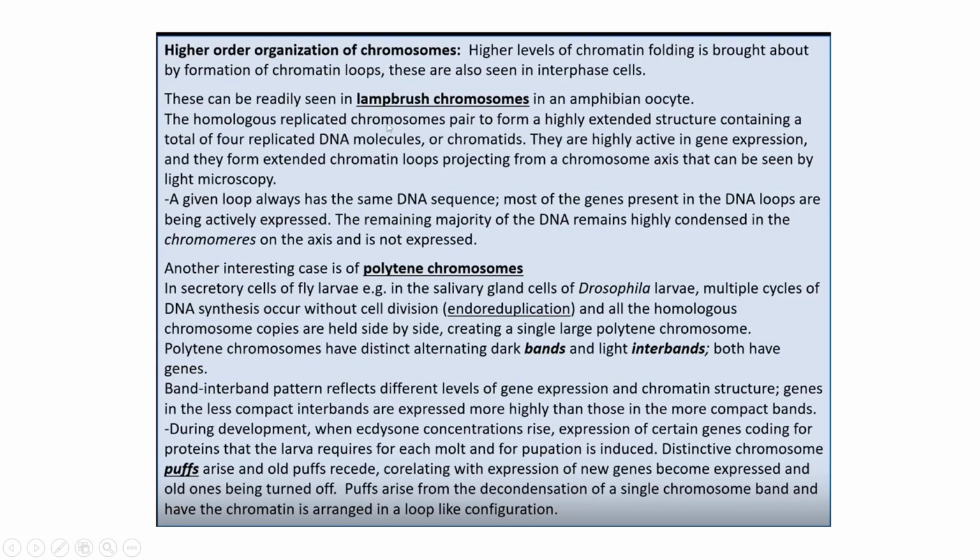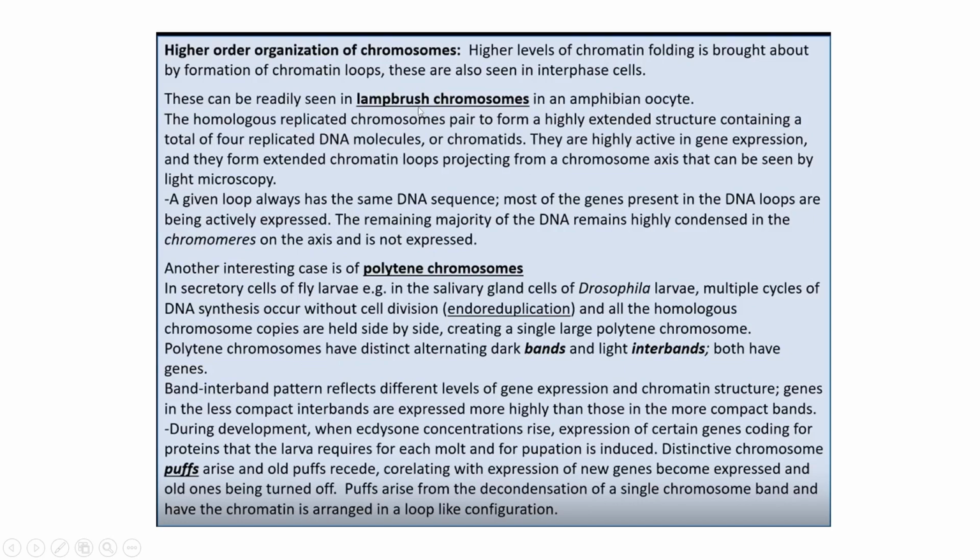So lampbrush is where the homologous replicated chromosomes are paired to form a highly extended structure containing a total of 4 replicated DNA. During the S phase, one sister chromatid will be replicated into two. Generally DNA is a double stranded molecule, so from that double strand, there will be 4 sister chromatids formed. These 4 DNA will be formed after that S phase, and this four structure is not separated.